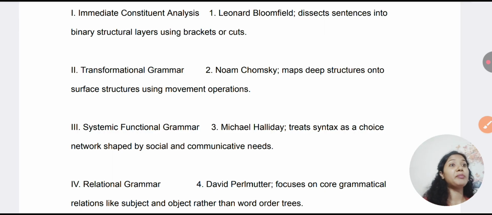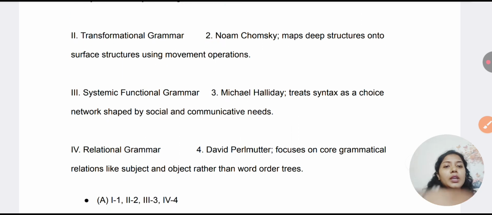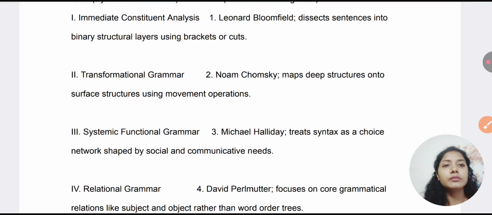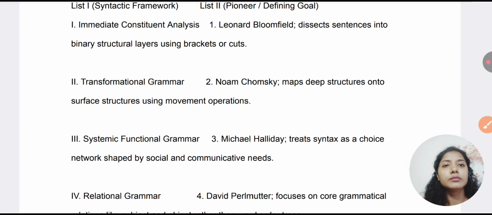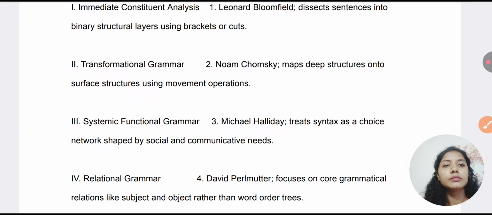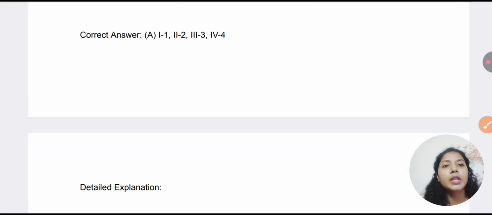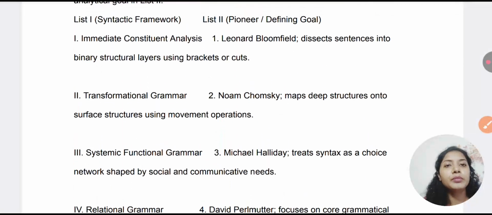Options you can check. Correct answer is option one.